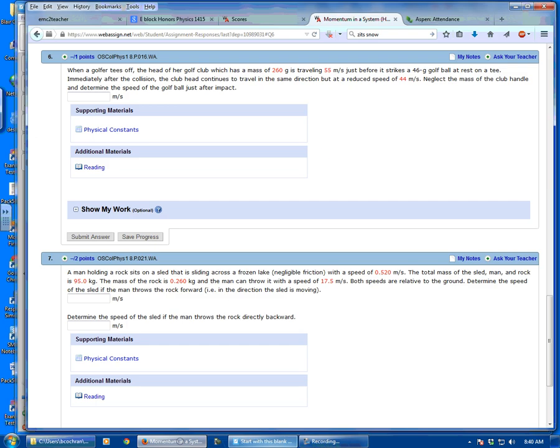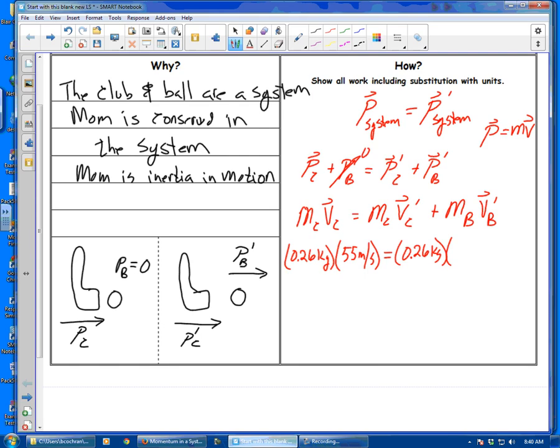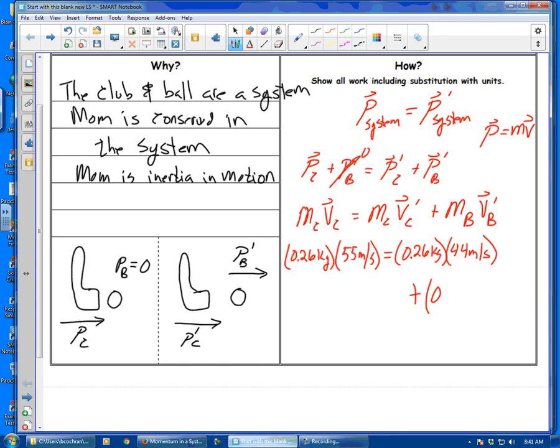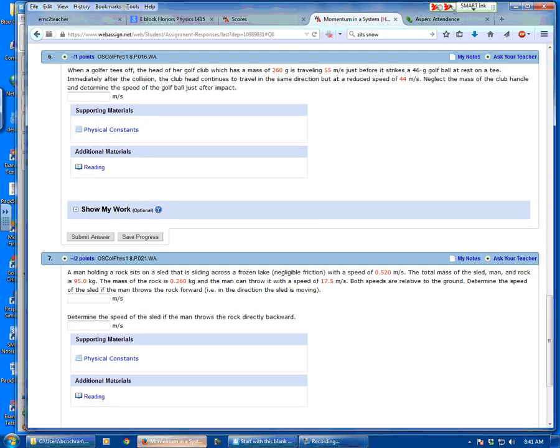Sorry, I should have said that earlier. Velocity afterwards of the club is 44 meters per second. Plus the inertia of the ball, 0.046 kilograms. And the velocity prime of the ball, which I'm predicting is going to be to the right. They don't tell us that, right?